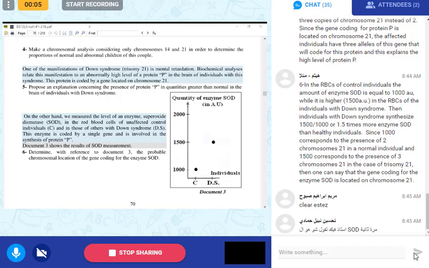What causes this enzyme to be produced more? Easy, because in a normal individual you have 2 alleles on 21, so the amount is 1000. In an individual with Down syndrome, he has 3 copies of 21. This means 3 copies of the SOD gene, so that's why the amount is 1500. Clear?